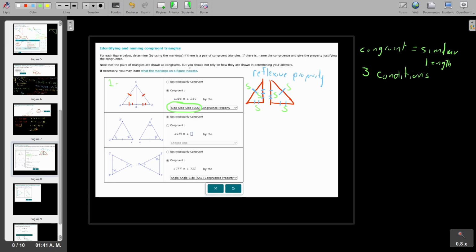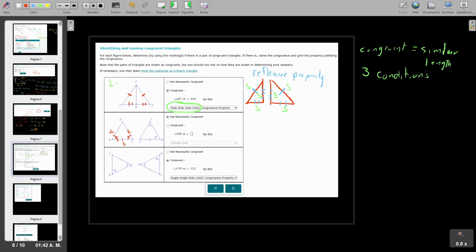Okay. Now we go to the next one. In these triangles, they're giving us one condition here that is an angle, one condition here that is a side, and one condition here that is another angle. Now we analyze the next one.